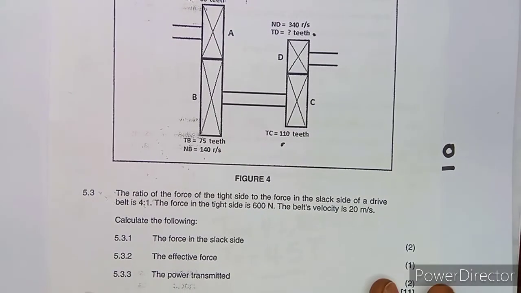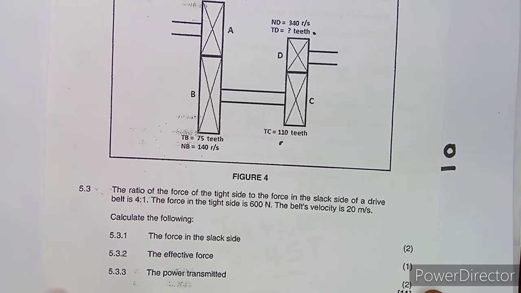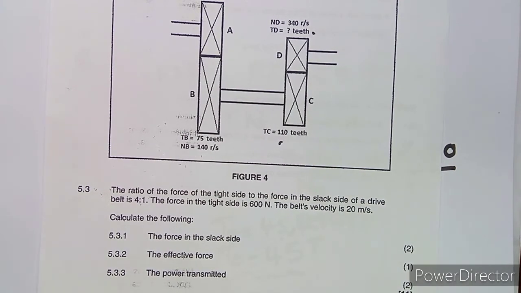Then on 5.3 we are given that the ratio of force of the tight side to the force in the slack side of a drive belt is 4:1. Remember we talked about belt drives, different types in fact that we can have, and how we write them and how we present them.